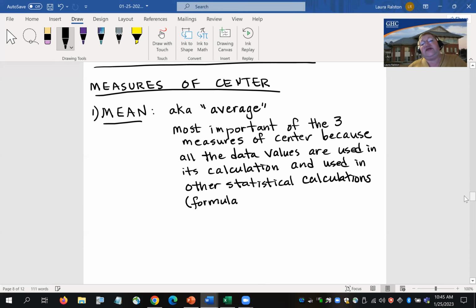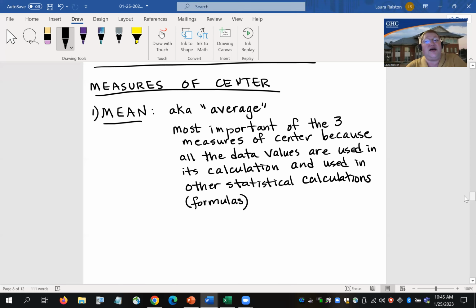So if you're limited on what descriptive statistic you can calculate, ideally you would like to calculate the mean, because the mean includes all of the data values.